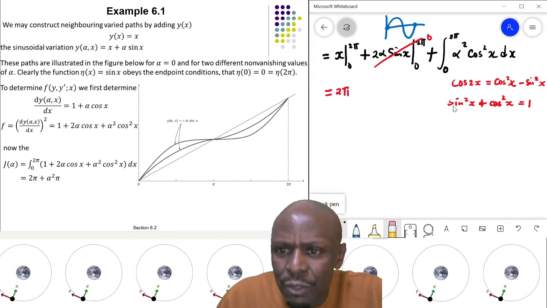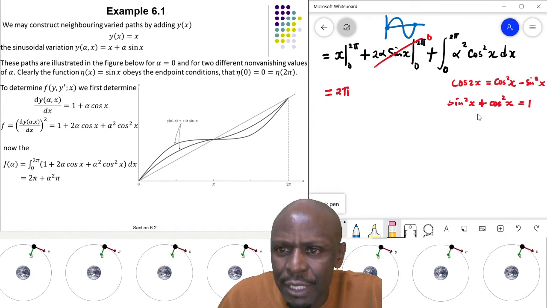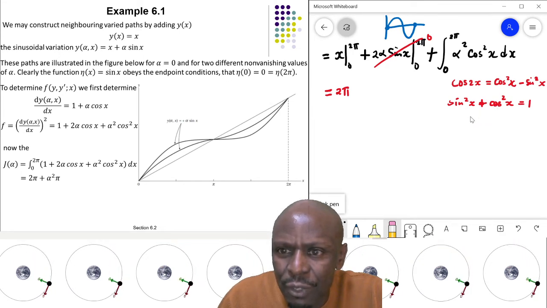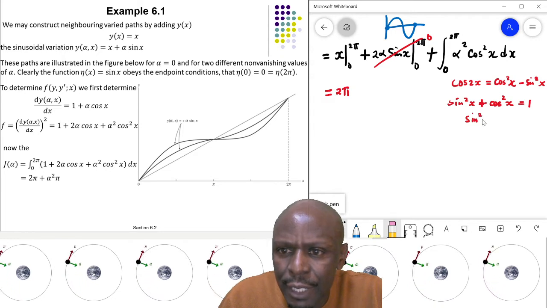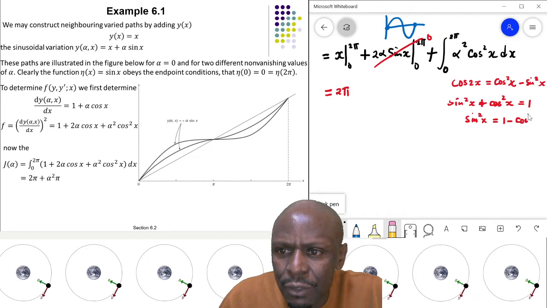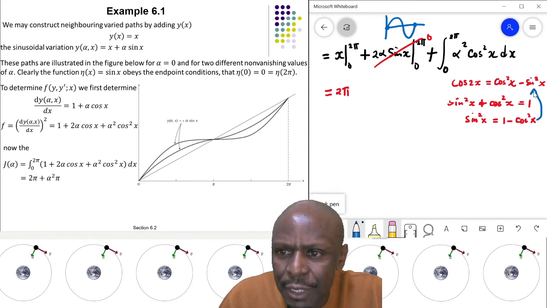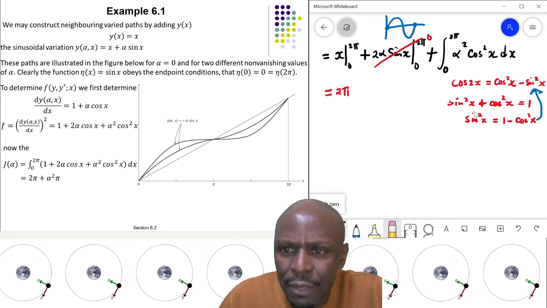Right, now I want you to make sine squared x the subject of the formula in this equation. If you do that, you are just going to have sine squared x equals 1 minus cos squared x. Substitute it there. Now what are you going to have?